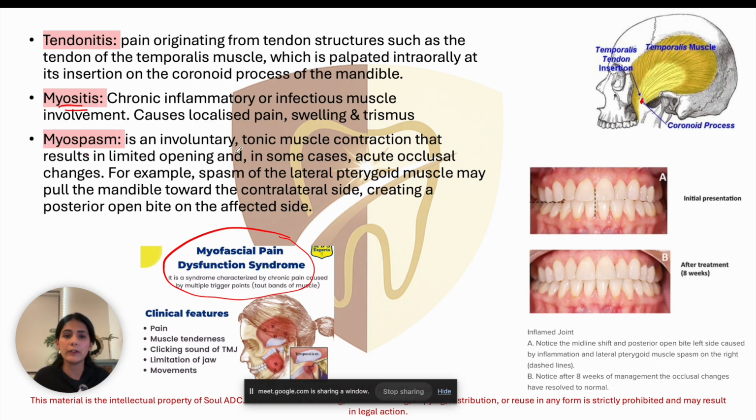It is involuntary tonic muscle contraction that results in limited opening, and in some cases acute occlusal changes can happen. Spasm of your lateral pterygoid muscle may pull the mandible towards the contralateral, opposite side, creating a posterior open bite. If you see this picture, let me zoom in a little bit.